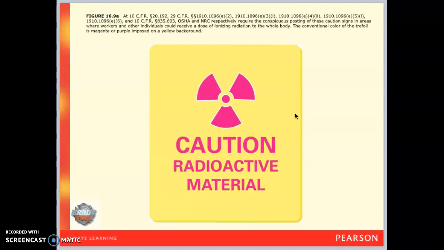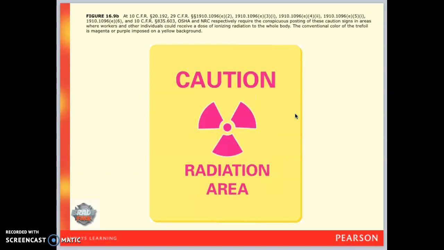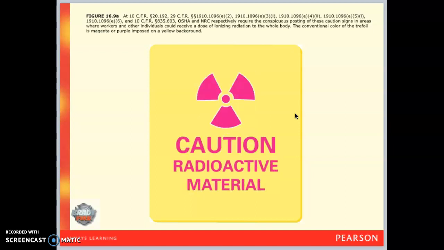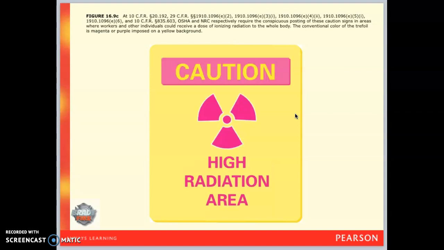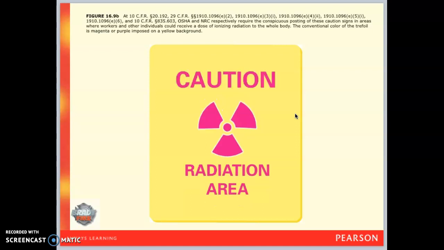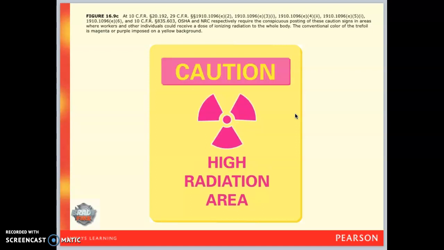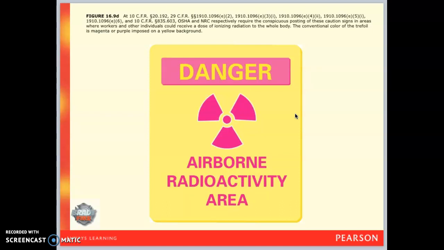And so the primary difference, you've got radioactive material, you've got radiation area, signage here, practically the same coloration, same everything. As the danger increases, there are some cues. So a highlighting cue here to indicate that we are in a high radiation area as opposed to just a radiation area. And then for airborne radioactivity area, we also have the word danger.